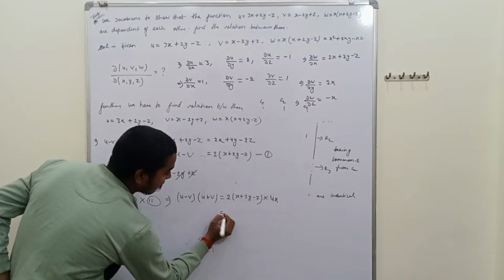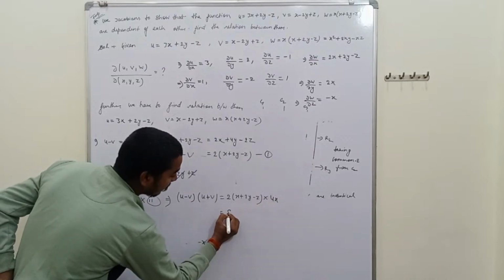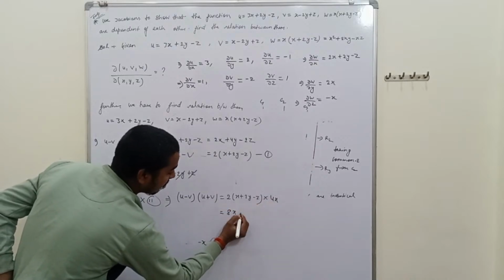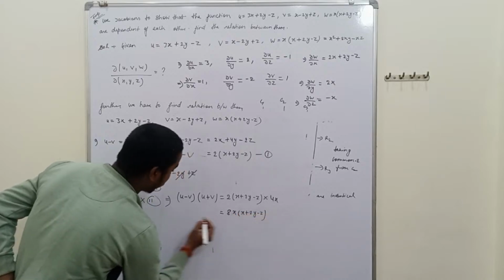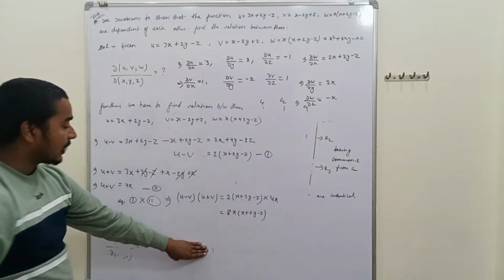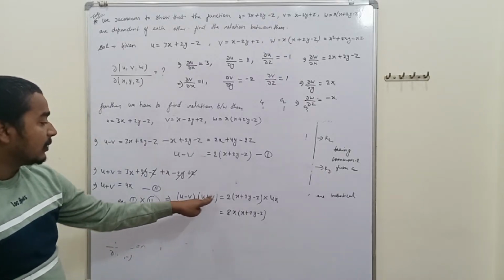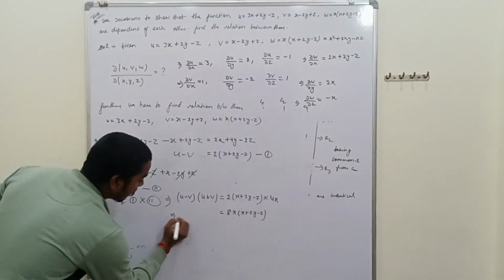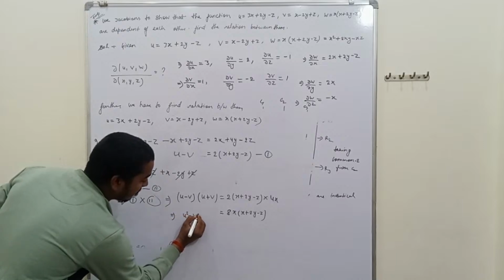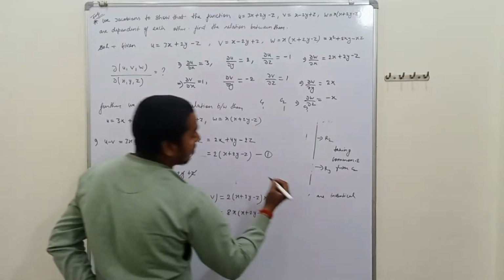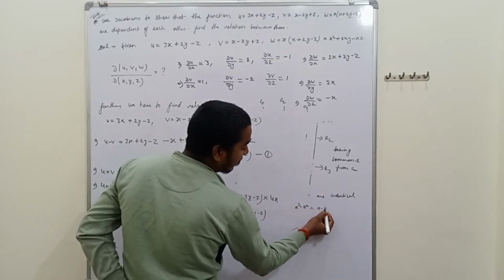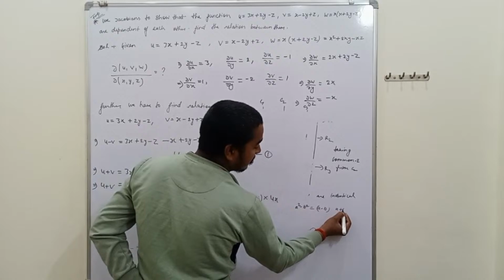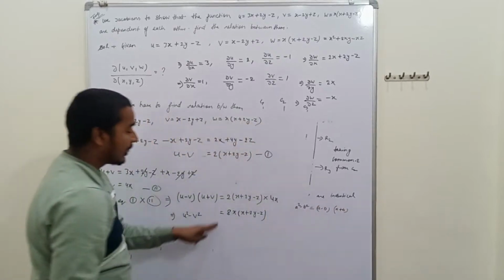From here that is 8x into x plus 2y minus z, and u minus v and u plus v is written as u square minus v square. We use the identity a square minus b square is equal to a minus b and a plus b.